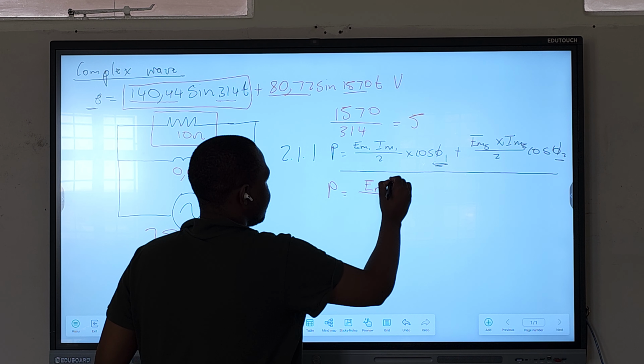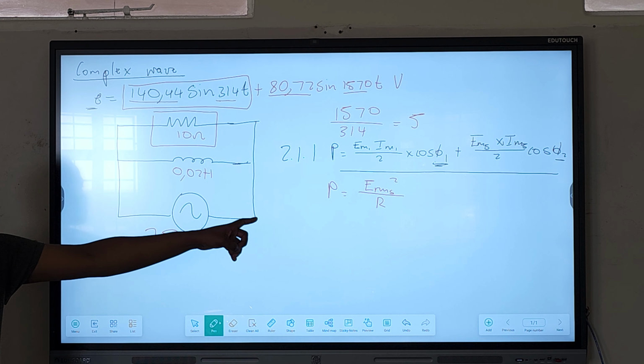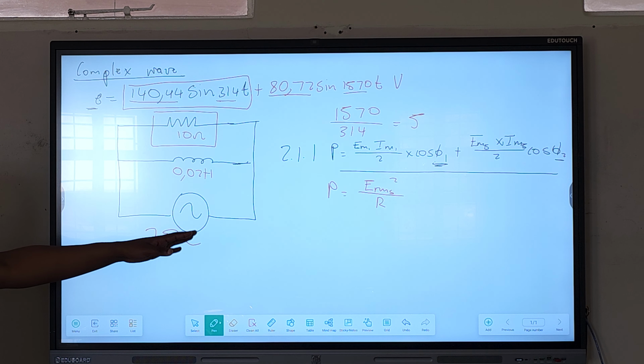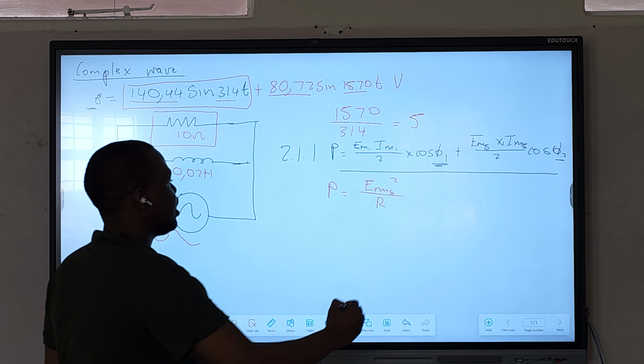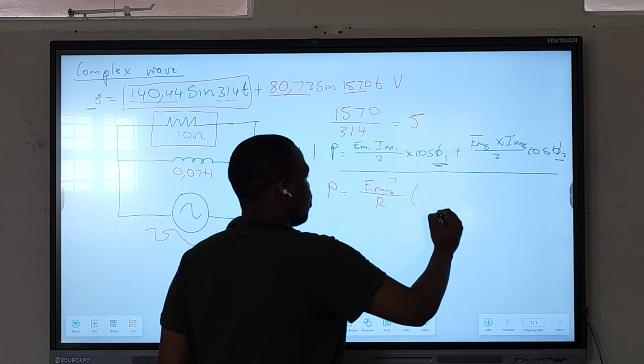E RMS squared over R. Bear in mind, guys, I have to use the RMS value. The formula is defined according to Ohm's law.